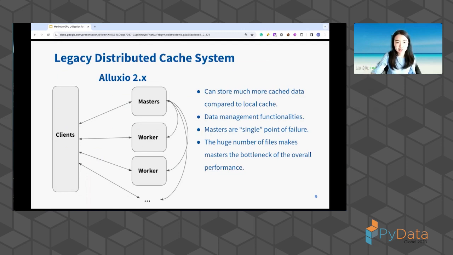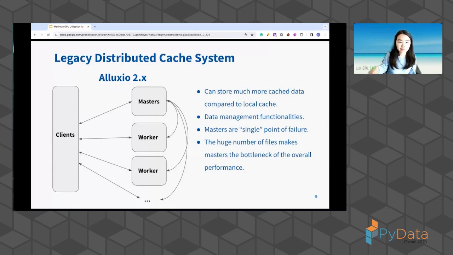The master basically is the brain of the whole cluster, but it also becomes the single point of failure. It provides all the data management functionality, but it is also on the critical path of each read or write request. So basically, if the master is down, the whole cluster is not able to serve any request, and this will cause your training job to fail.